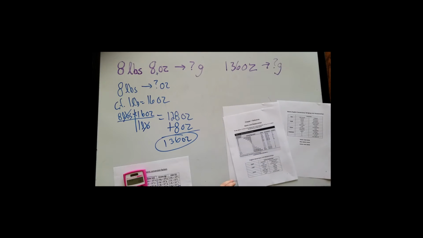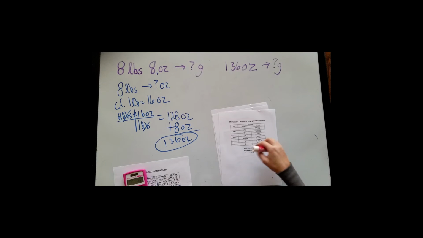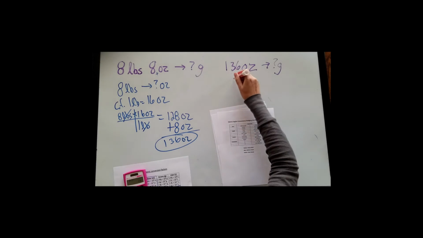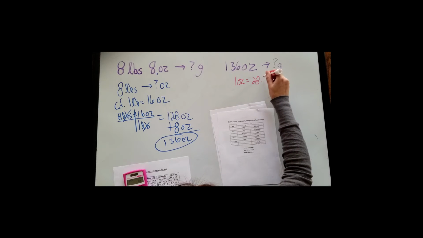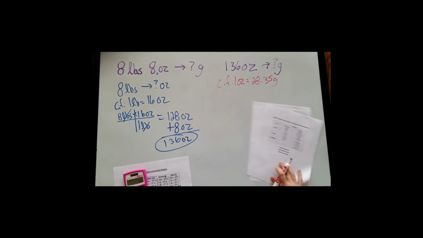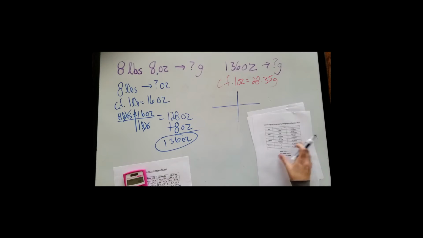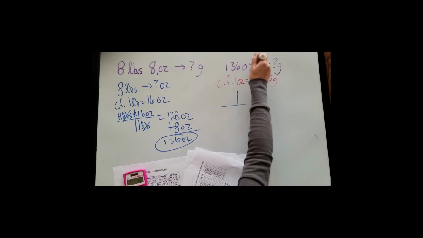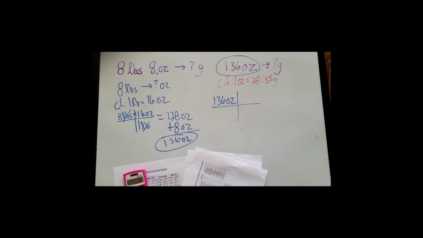So let's see, looking at all my sheets, I have one, there it is. 1 ounce is equal to 28.35 grams. So this is the conversion factor that I found on my conversion factor table going between ounces and grams. So let me go ahead and convert that. Starting with my 136, now I use the conversion factor.